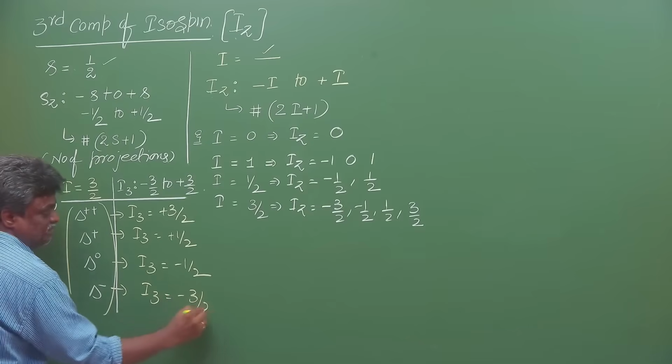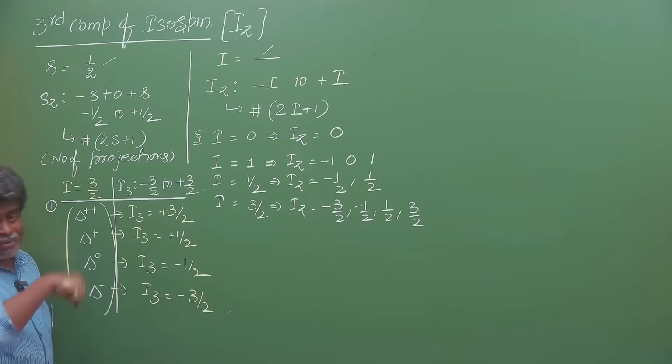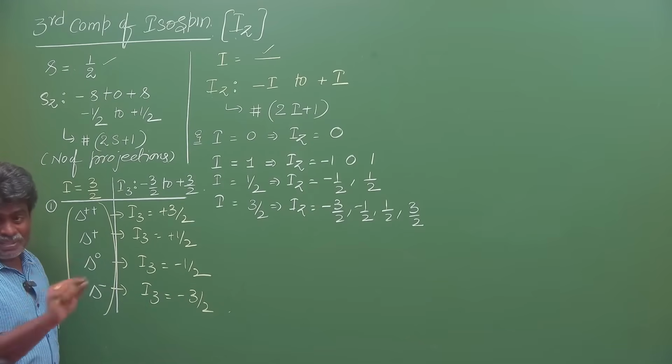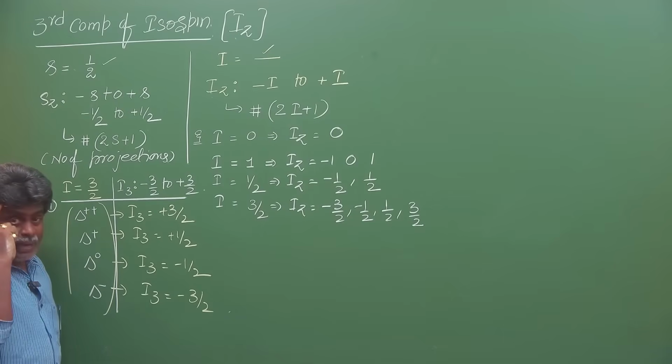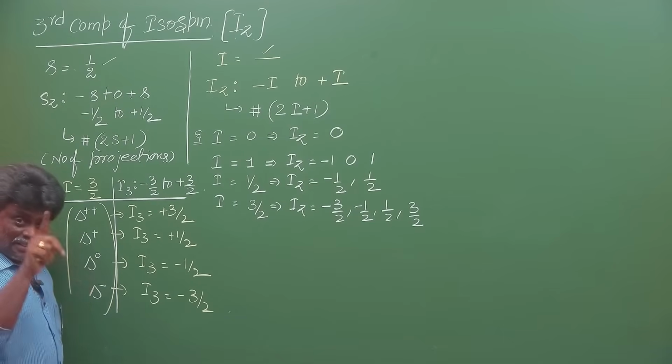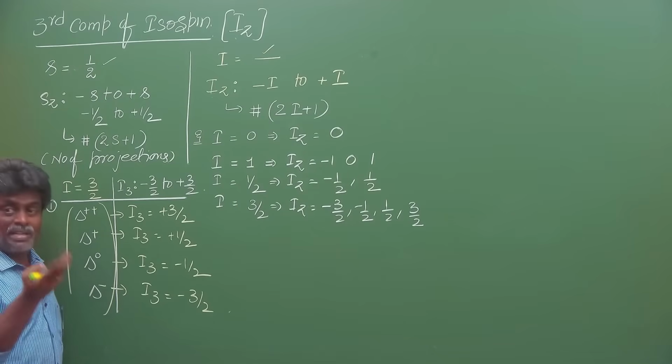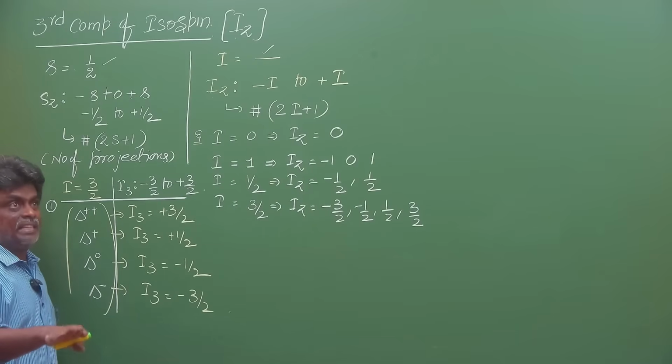But once it is in the reaction, you have to remember this belongs to which group, how many are there, what is the charge, these many things. Higher the charge, higher the I3 value.